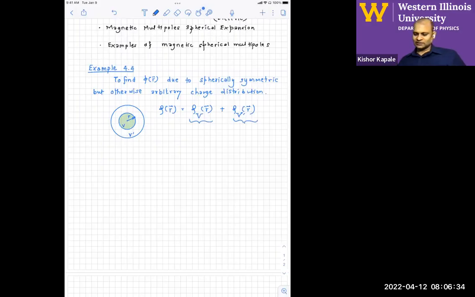Does anybody have any thoughts? So we're using the superposition principle, but because we are embedded in the charge distribution, you can't use just one, right? Interior or exterior. You need to separate the contributions from both of them to be able to use that mathematical structure. So which one would be which?